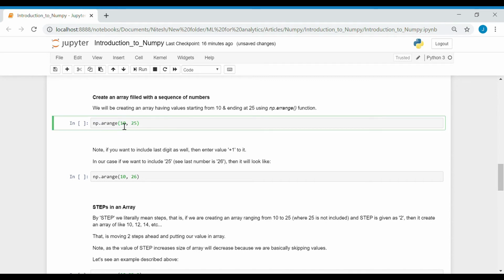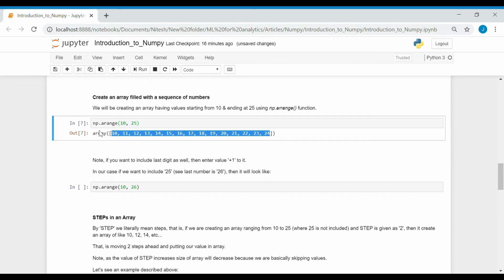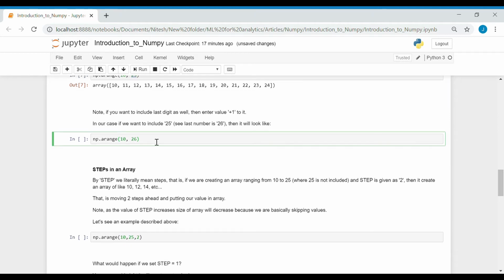If you have studied sets in your life, you must remember that we always used to include the lowest value, and all the values between both values, excluding the last one. So the same case is here. It provides us an array having the values from 10 to 24, not 25. Keep in mind that we are excluding the last value. And if we want to include the 25, we just increase that number by 1. And here it is.